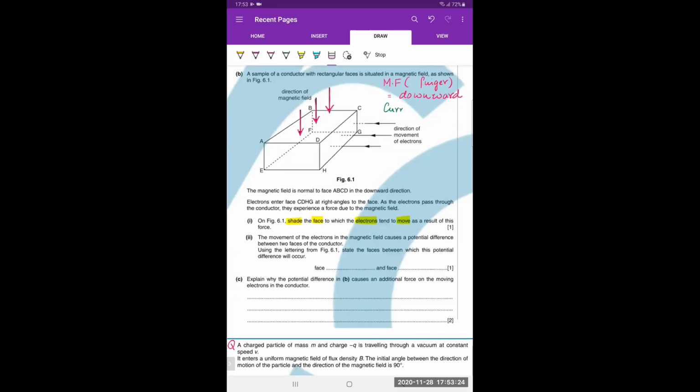Magnetic field, which is the first finger rather. Sorry. Magnetic field, which is the first finger, should be pointing downwards. Second statement. Current, which is the second finger, must point to the right.